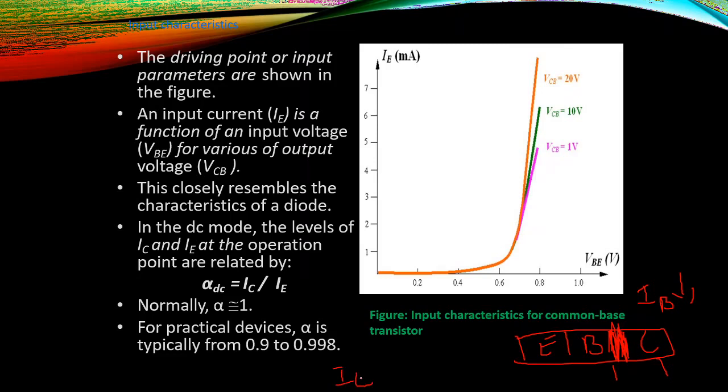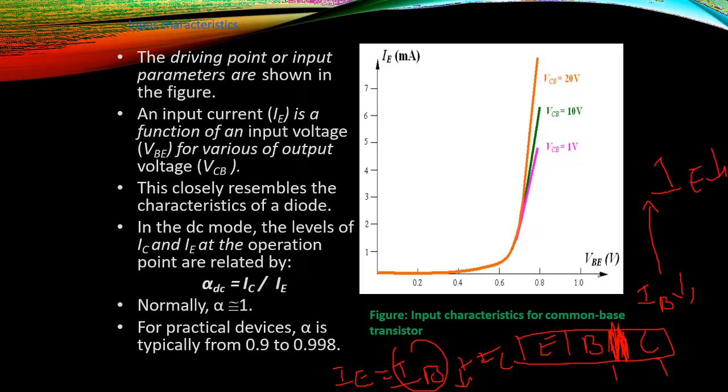We know that IE equals IB plus IC, so since IB has decreased, IE also decreases.